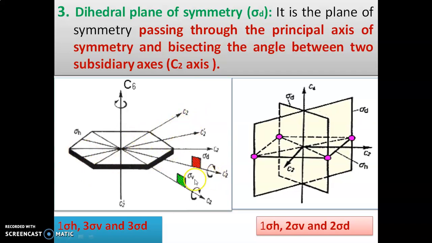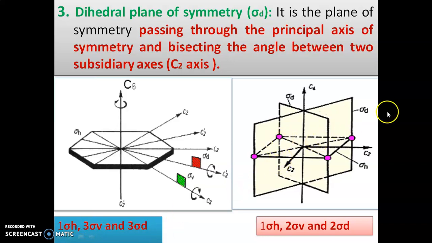The planes of the 3 C2 axes bisecting the bonds are known as sigma d, and the planes of the 3 C2 axes passing through carbon atoms are known as sigma v. And this is the principal axis, and the plane perpendicular to the principal axis is sigma h. That means 1 sigma h, 3 sigma v and 3 sigma d.